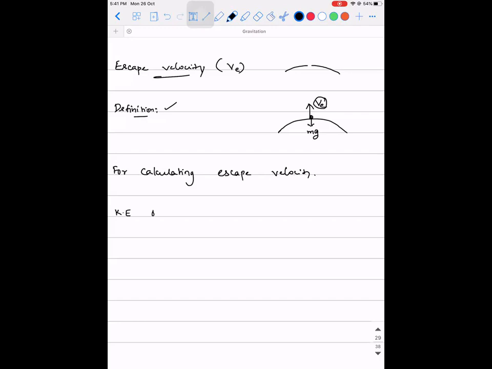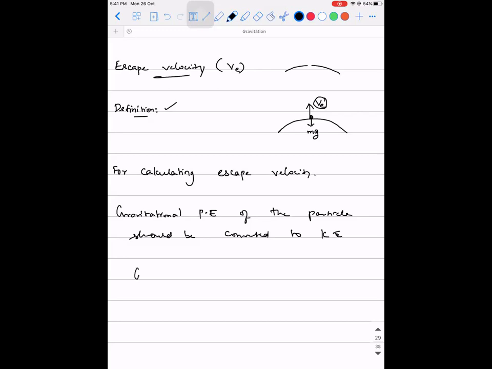The kinetic energy of the particle, or I can say like this, the gravitational potential energy of the particle should be converted to kinetic energy. Okay.